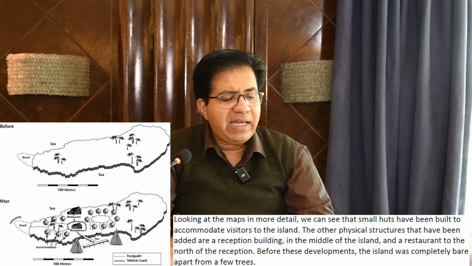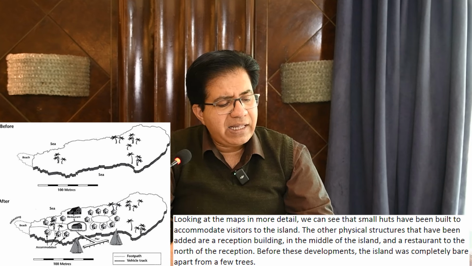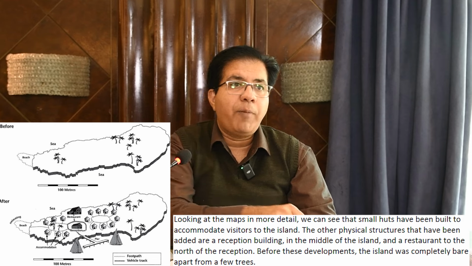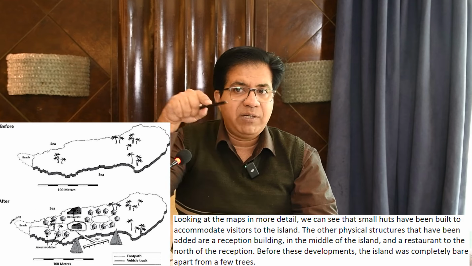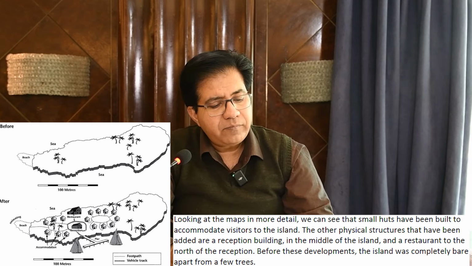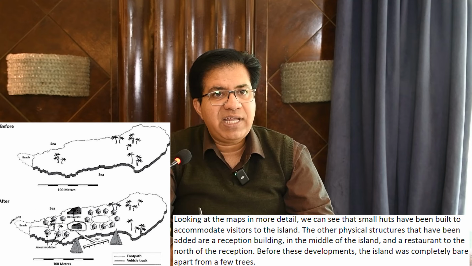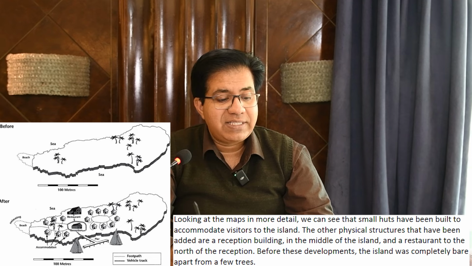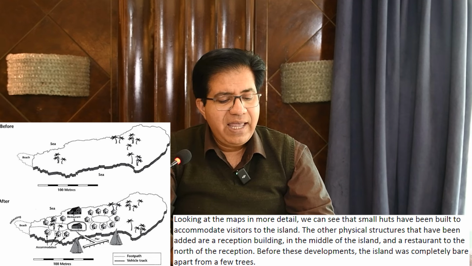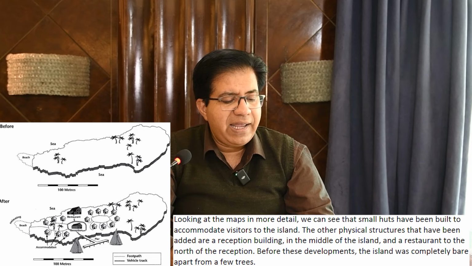Now, looking at the maps in more detail, you can copy this sentence. Looking at the maps in more detail, comma, we can see that small huts have been built. Which tense is it? Present perfect, passive voice. Okay, small huts have been built to accommodate visitors to the island.